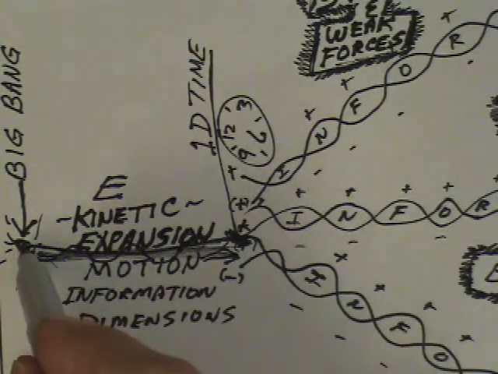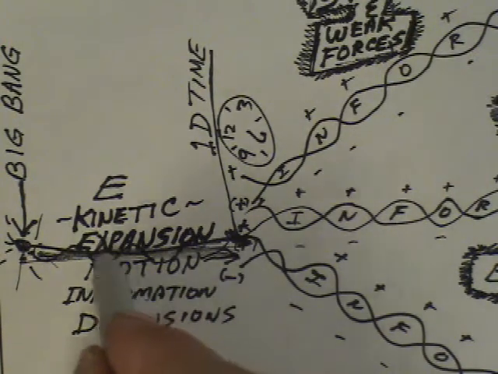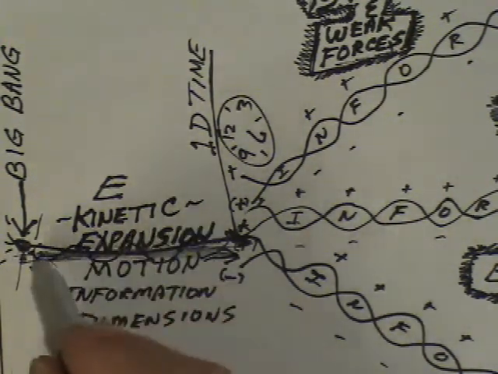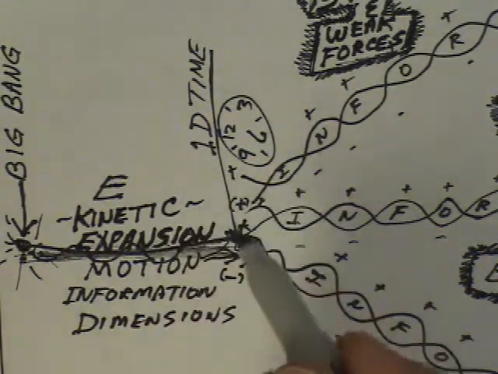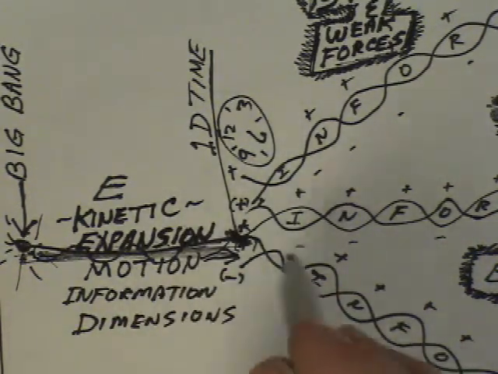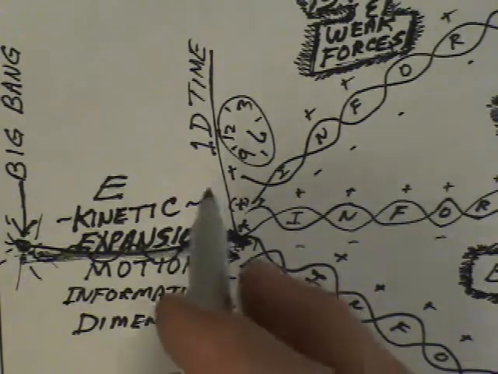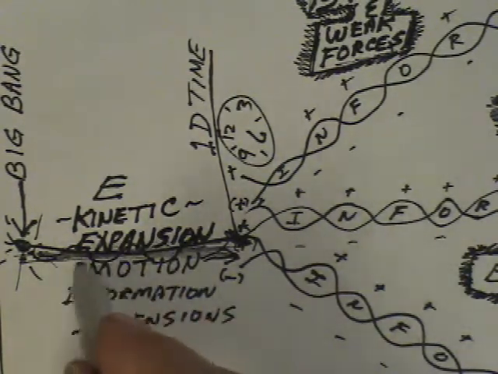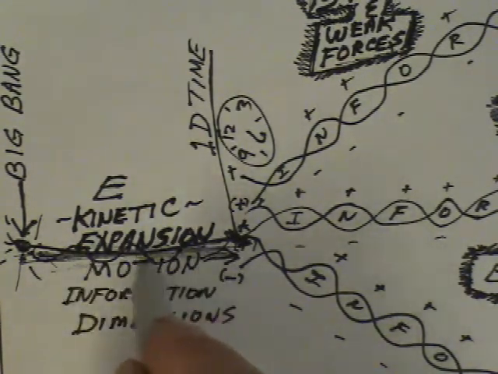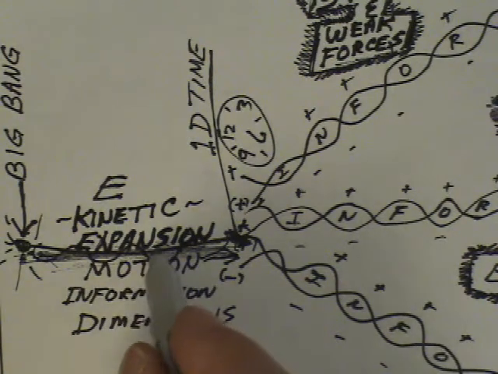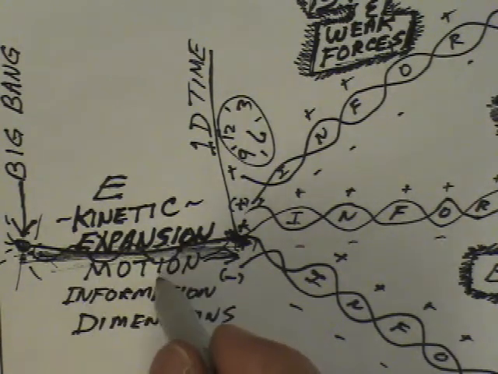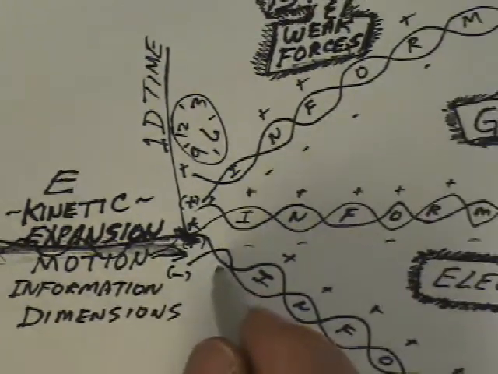It requires from here to here and back. Alright, imagine a piston or something, just for example, something vibrating. So motion, here you have motion, expansion, kinetic energy, and information, and this is what creates your spatial dimensions.